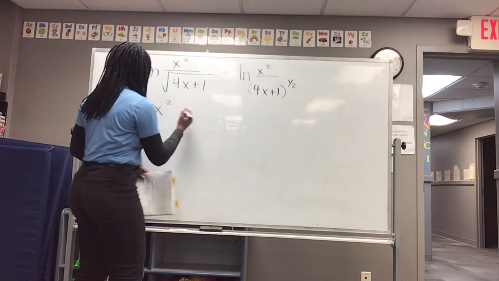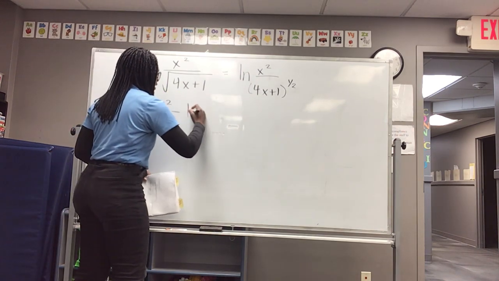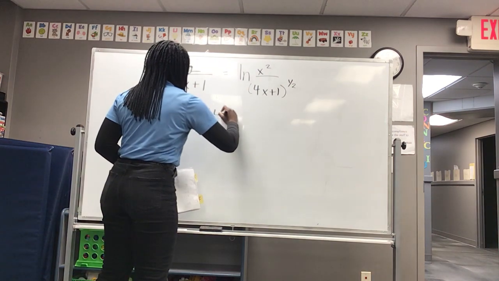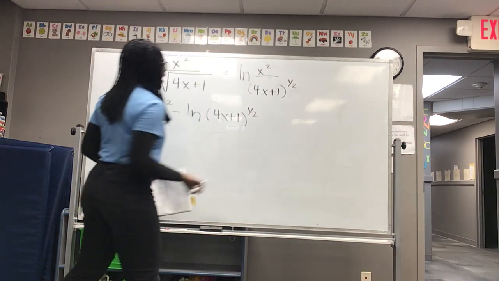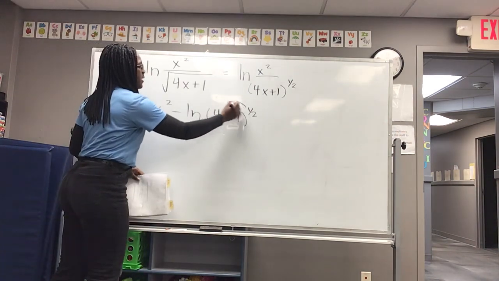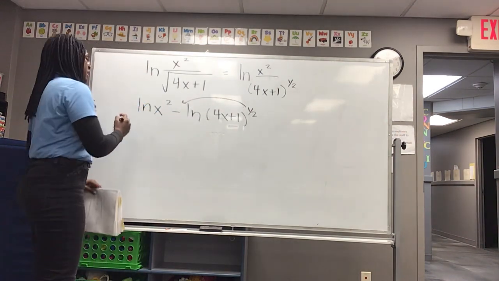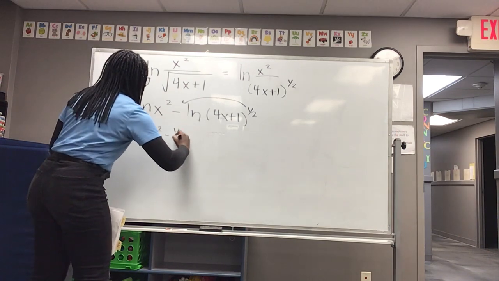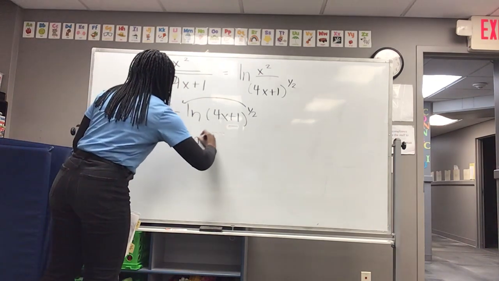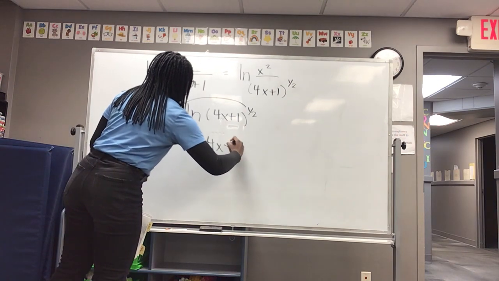Since we're dividing, that's going to become subtraction, and then natural log of (4x plus 1) to the power of 1/2. And then lastly, I'm going to bring my 1/2 to the front of my natural log. So that becomes ln x squared minus 1/2 ln (4x plus 1).